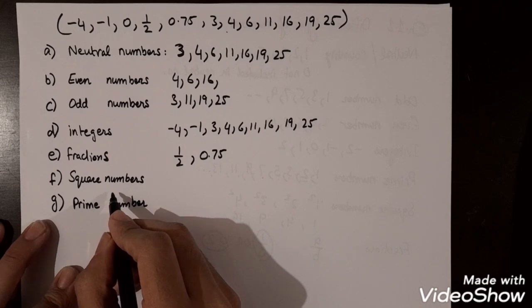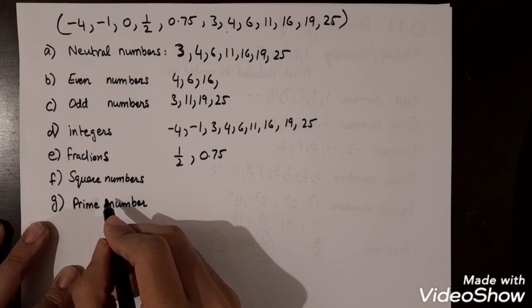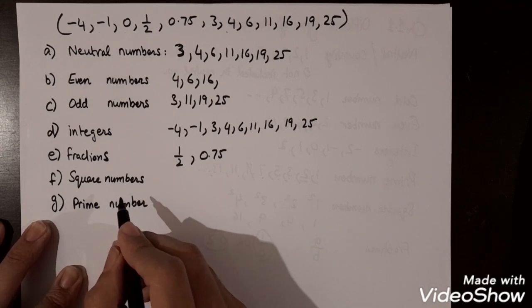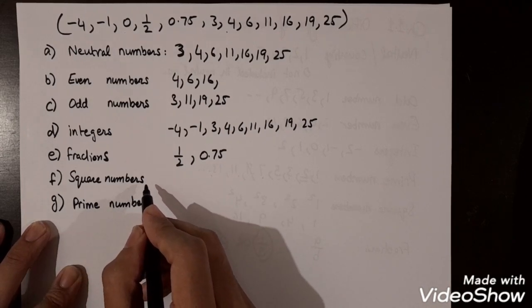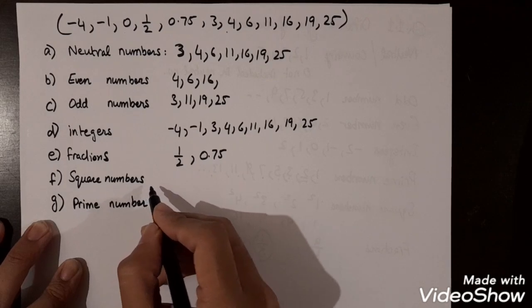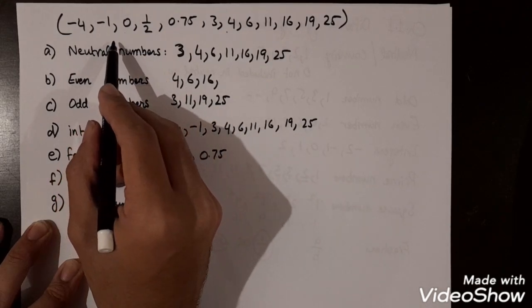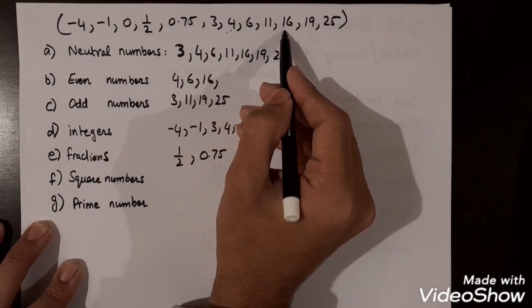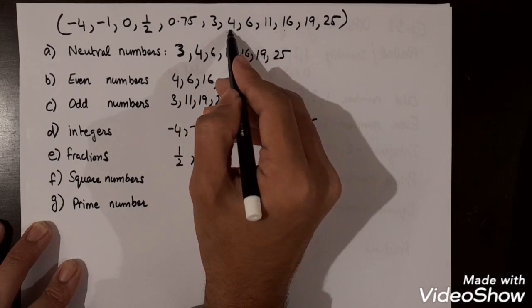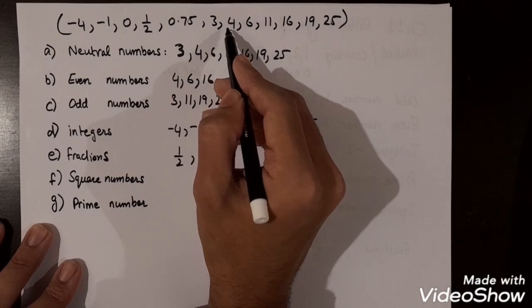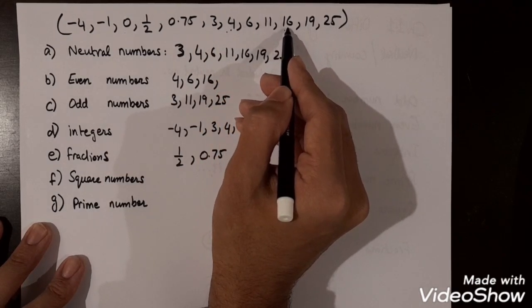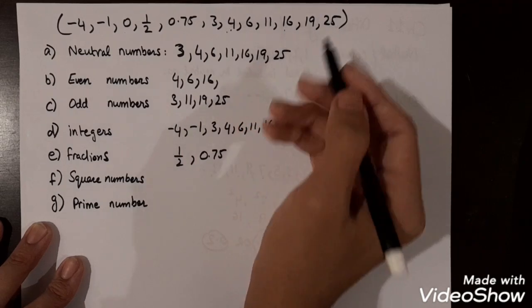Then square numbers are numbers which are multiplied by themselves. So over here the square numbers are 4, 16, and 25, because the square root of 4 is 2, for 16 it is 4, and for 25 it is 5.